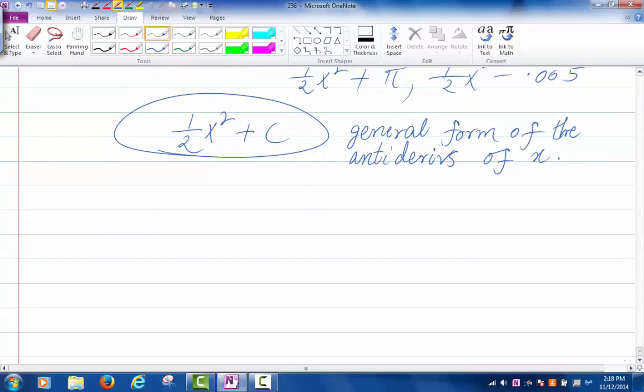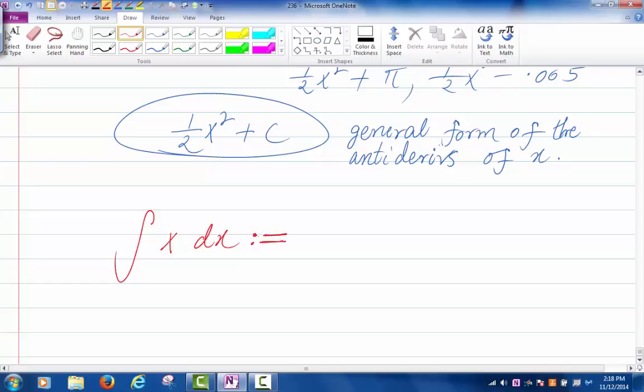We are going to write this sign. This is called an integral sign, and we are going to write x dx.